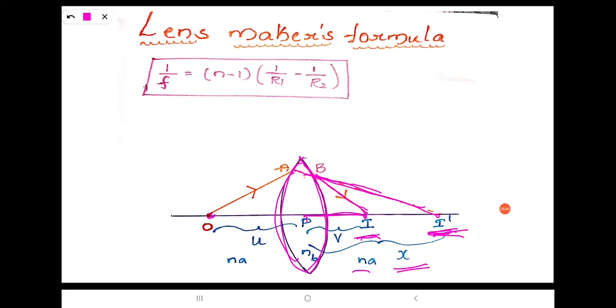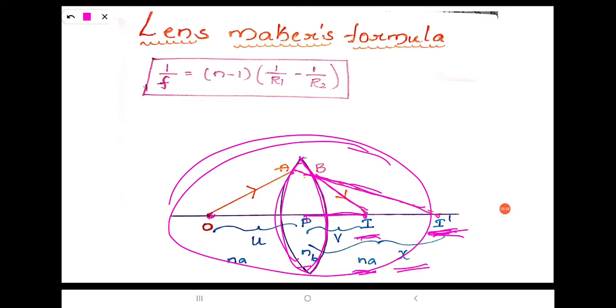Here NA and NB are the two refractive indices for this biconvex lens. NA is the refractive index of the surrounding medium, and NB is the refractive index of the material of the lens.